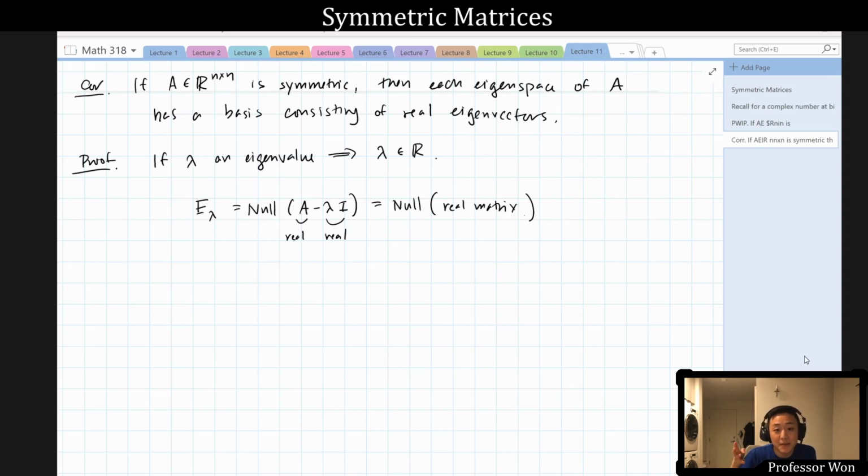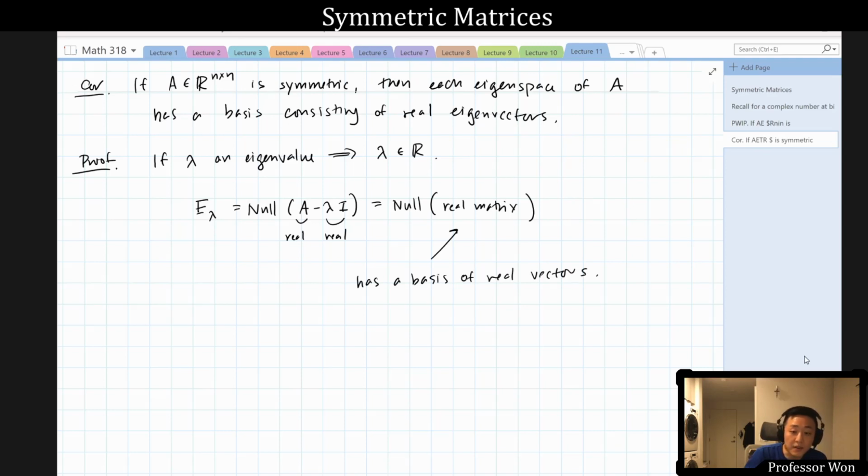But at every step in that process, if you have a real matrix, you're never going to do any part of that process which would take you to a complex number. So, if I told you this at the beginning of the course, you would have probably believed me more. The null space of a real matrix has a basis of real vectors.